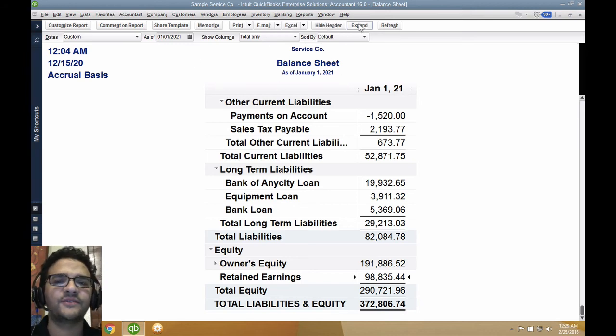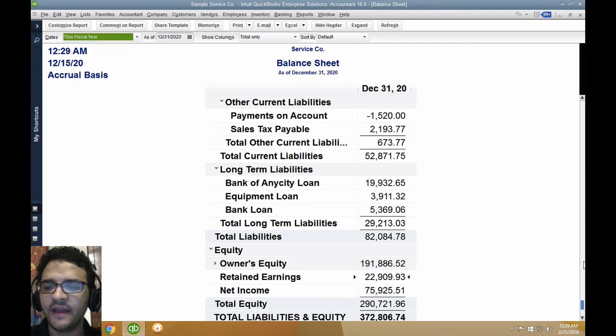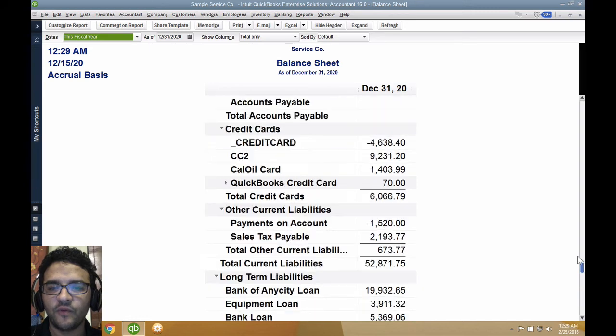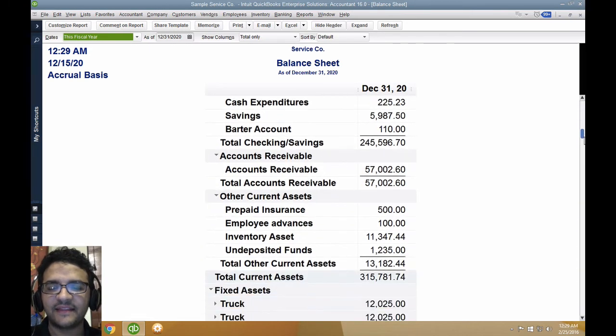But before we do a journal entry, let's look at a financial statement. Let me look at a financial statement for this fiscal year. And let's say that for whatever reason, the accountant is looking at this and going through all the numbers and they detect an error.